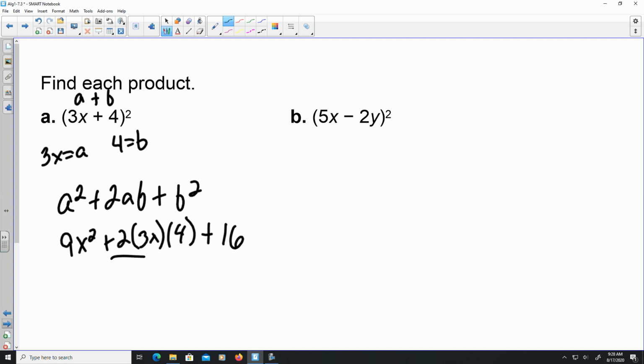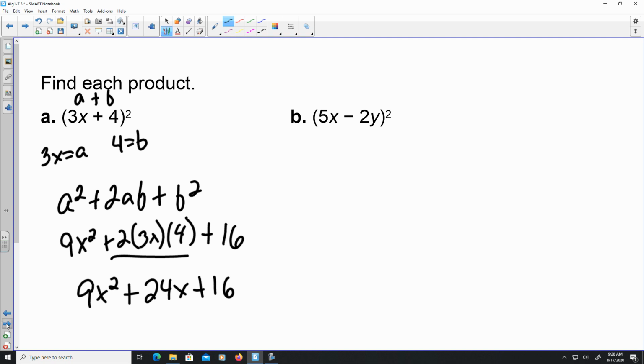The only thing you got to do now is multiply everything in the middle term. Once you do that, you get 9x squared plus 2 times 3x is 6x, 6x times 4 is 24x, and plus 16.